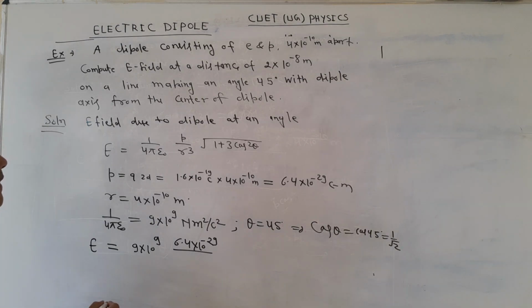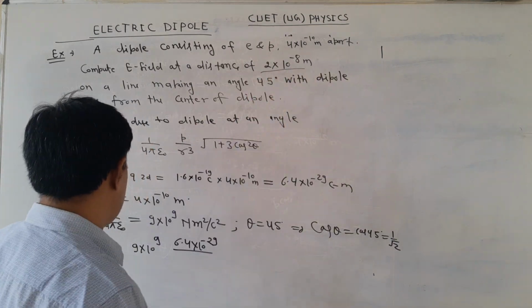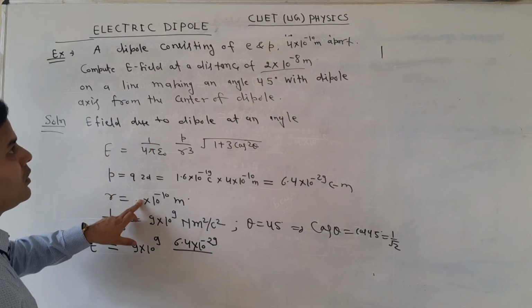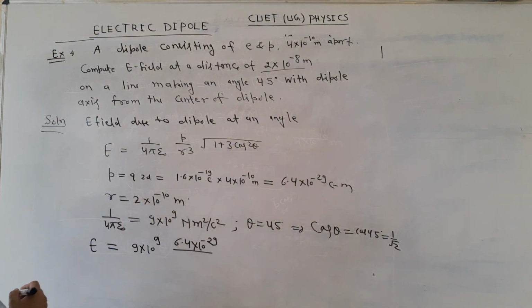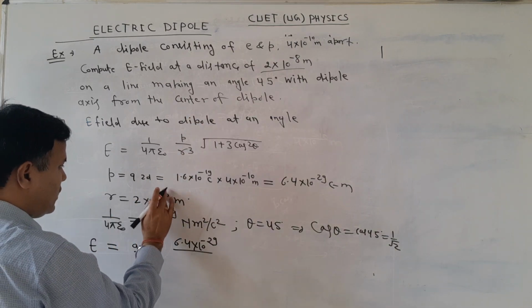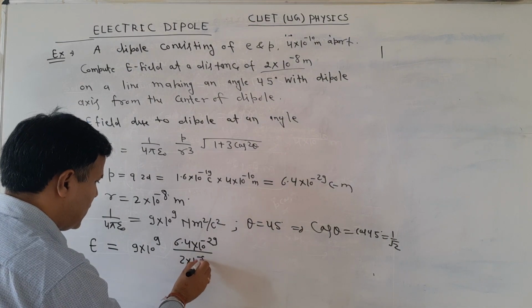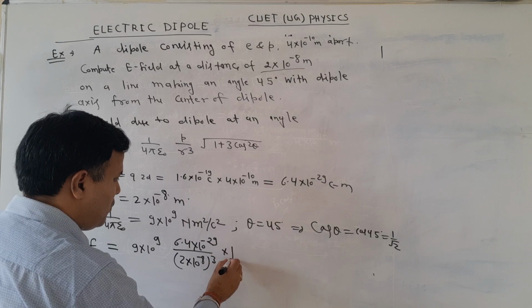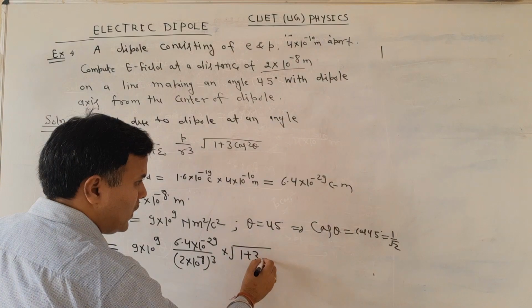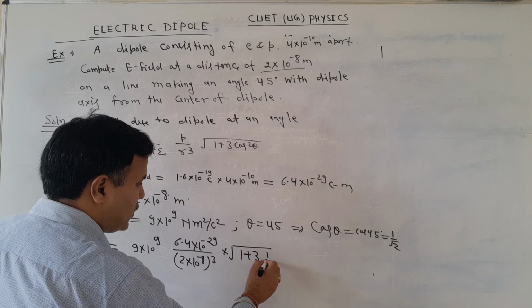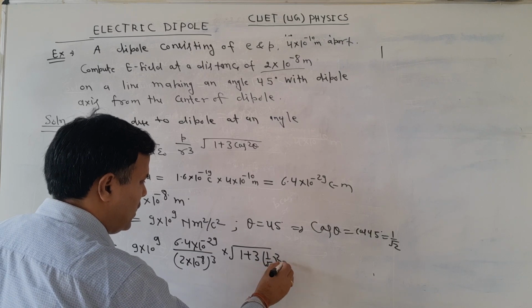Let me recorrect it: this is the distance R, so R cube is 2 into 10 to the power minus 8 cube, into 1 plus 3 cos square theta, that is 3 by 2, which is simply 5 by 2.